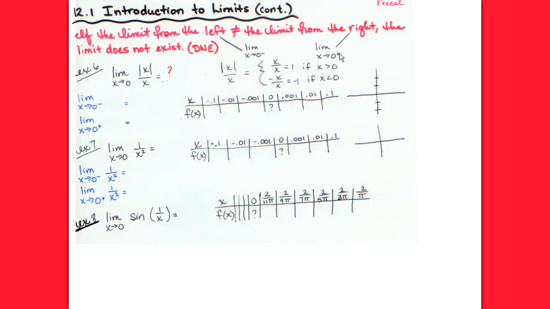Okay? So example number 6, they give us a piecewise defined function. No, they didn't. They just gave me one function. Yeah, but they gave me an absolute value. Anytime you have an absolute value, it is going to be a piecewise defined function. Why?